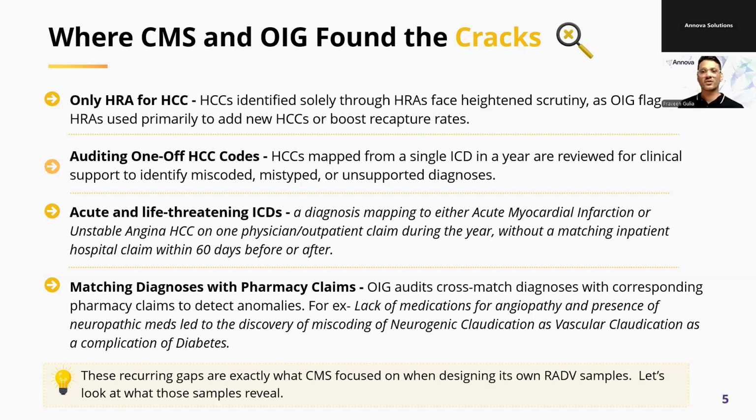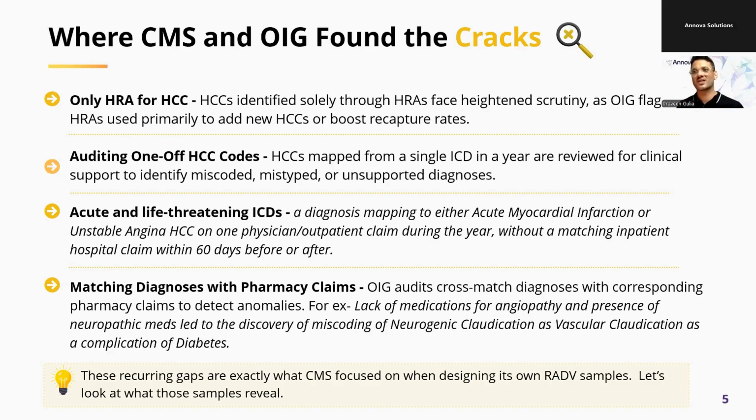Auditing one-off HCC codes, again, is the continuation of that. That is the core of all the findings of OIG: they look at ICDs and HCCs which are coded once in a year in a physician claim. Why does that happen? Why is there depression or a DVT coded only once in a year? Why is there a pressure ulcer which is documented and submitted only once in a year?